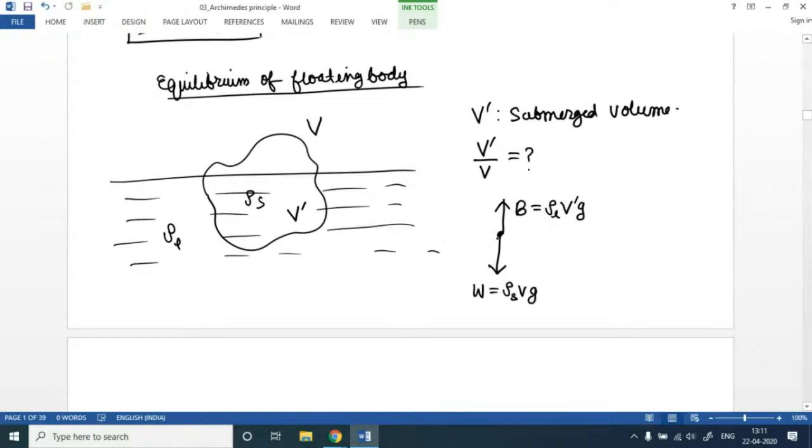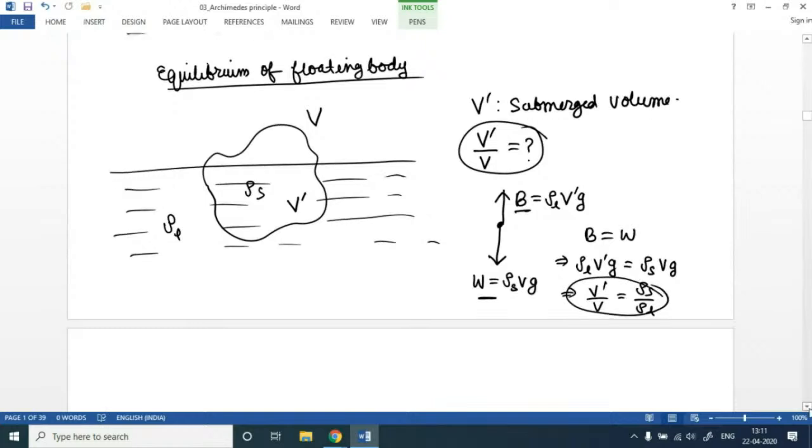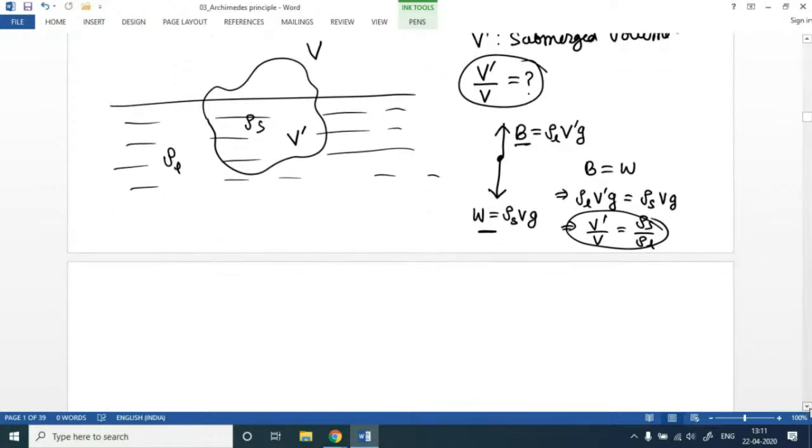As I have already stated, this floating body will be in equilibrium, so B is going to be equal to W. So rho L V dash into g is equal to rho S V into g. This will simply give us V dash by V equal to rho S by rho L. So this is one very simple relationship.